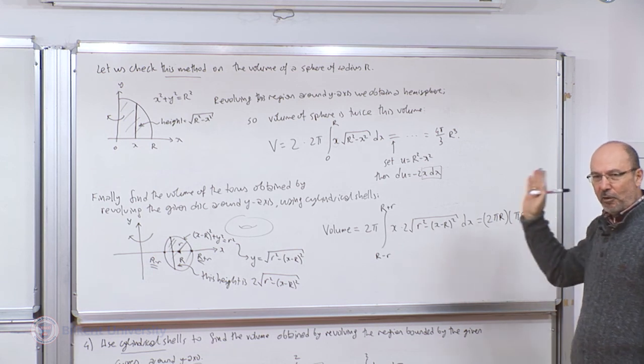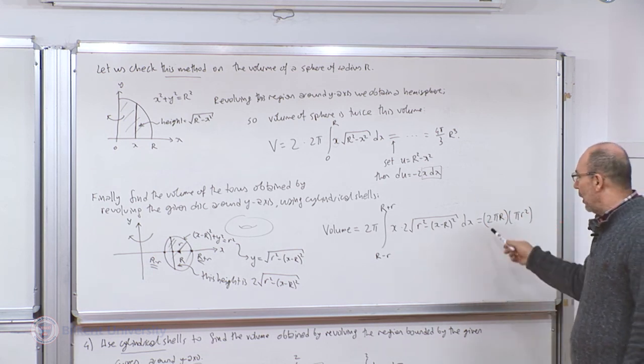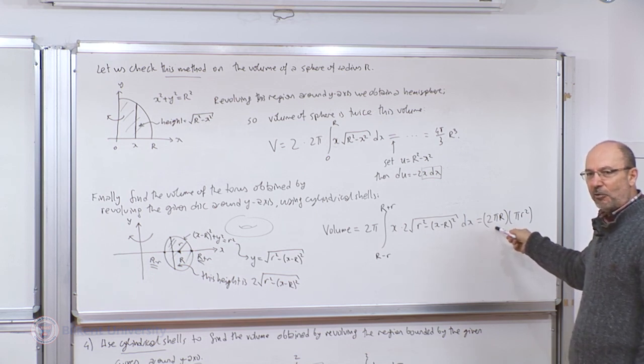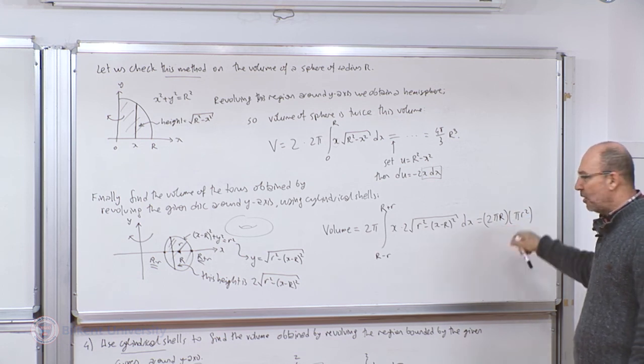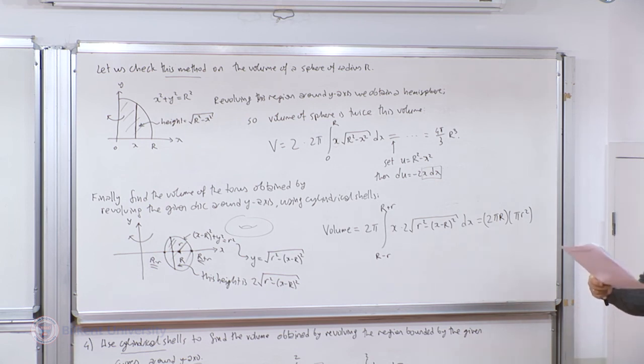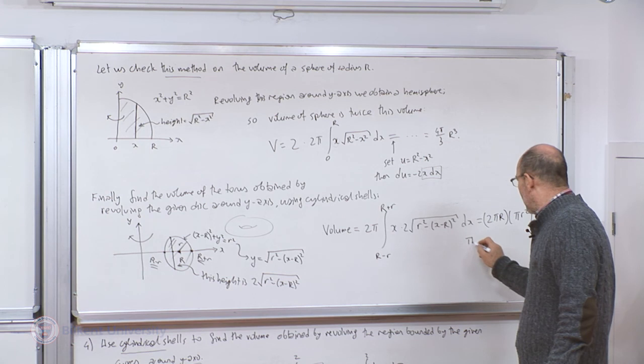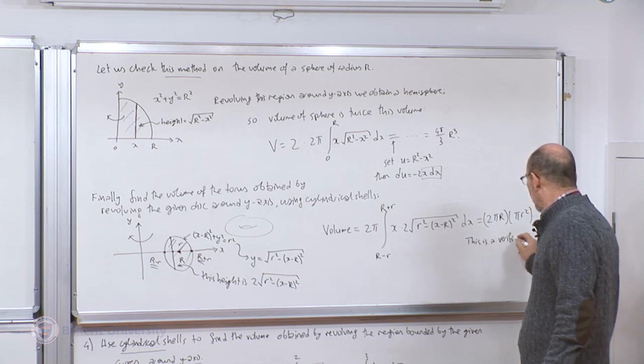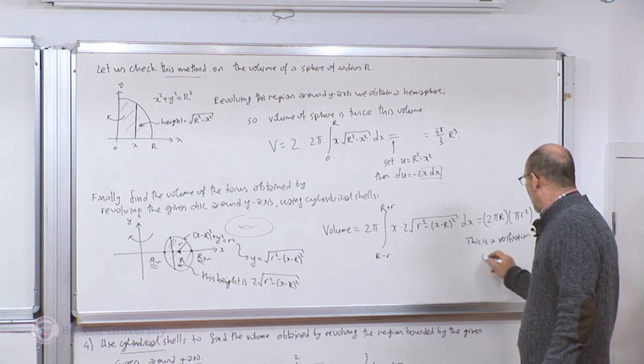If you revolve a figure along a distance, the distance the center of mass travels, then the volume obtained is that distance times the area of the region. Okay, so this is a verification of Pappus theorem.